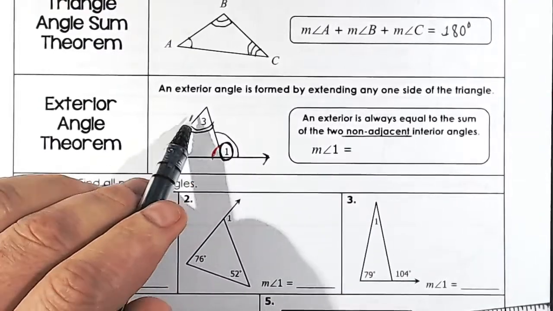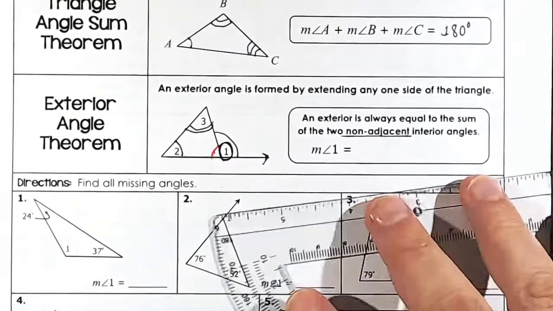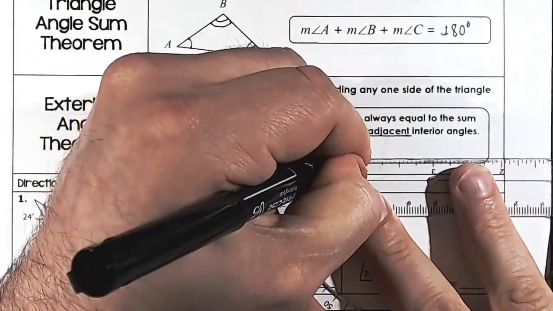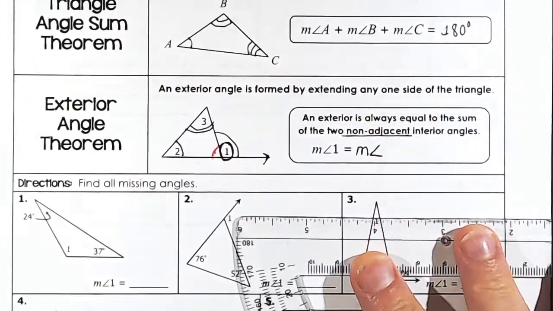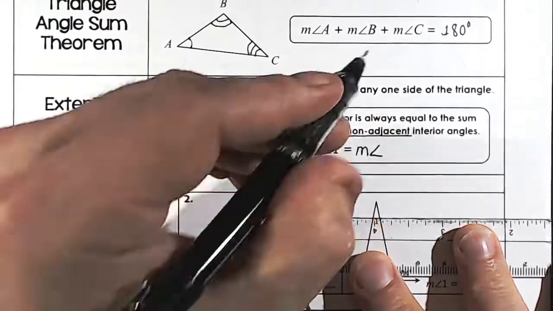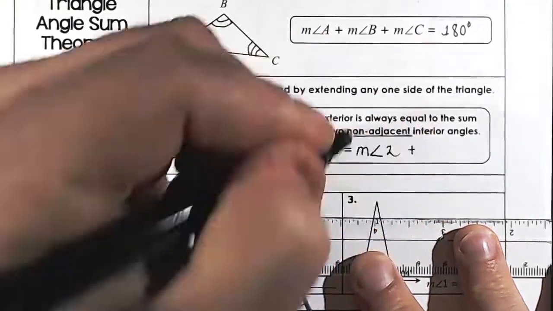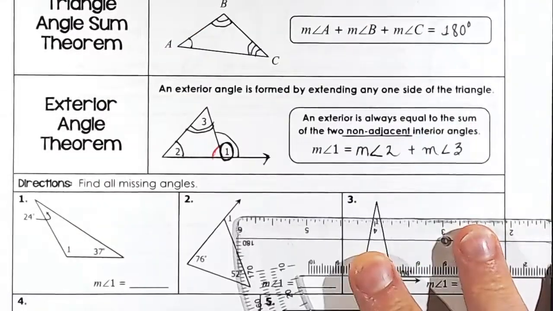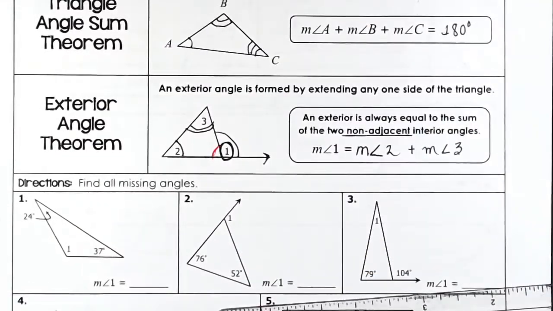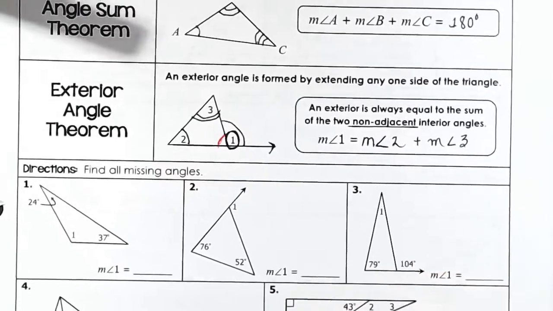They're on the other side of the triangle. So the measure of angle 1 is equal to the measure, we'll just write M and then the angle symbol, which kind of looks like a less than symbol, of angle 2 plus the measure of angle 3. Just like that. That's really interesting, and before I saw this, I'm not sure that I knew that. It's an interesting little tidbit that we might be able to use in the next section.